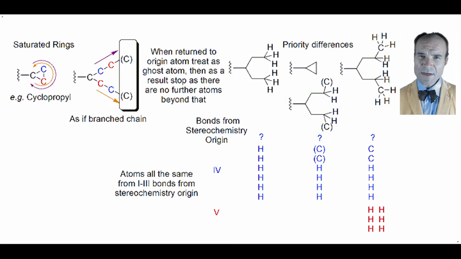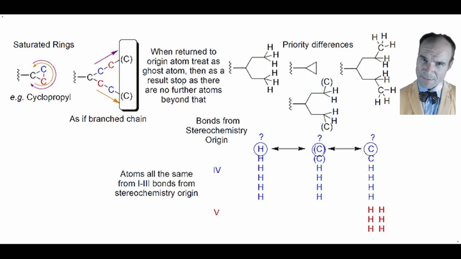First, if we consider atoms 4 bonds from the stereochemistry origin, we see that while all 3 substituents have 6 atoms, the cyclopropyl and the 1-propyl-butyl have 2 carbons. For the purposes of this stage of the analysis, ghost and real carbons are treated the same, but the analogous atoms with the 1-ethyl propyl group are hydrogens.